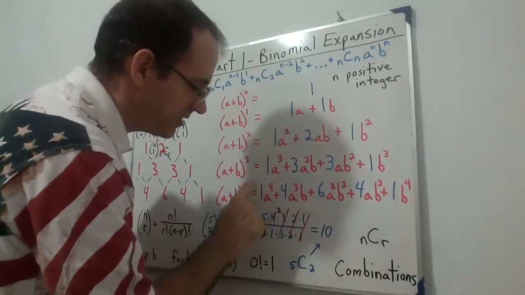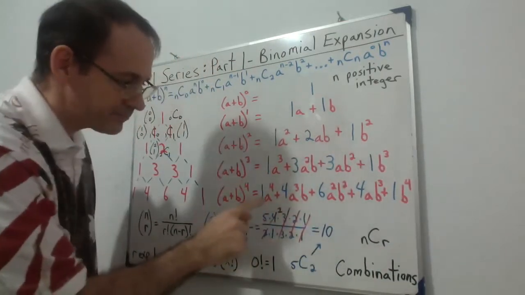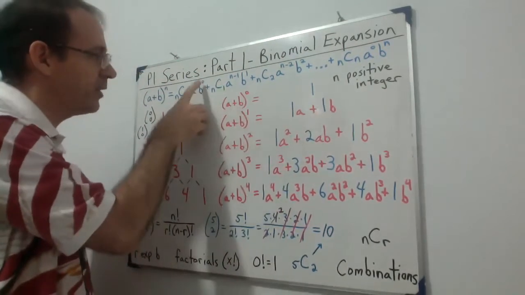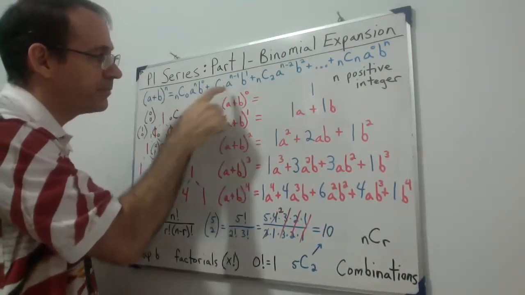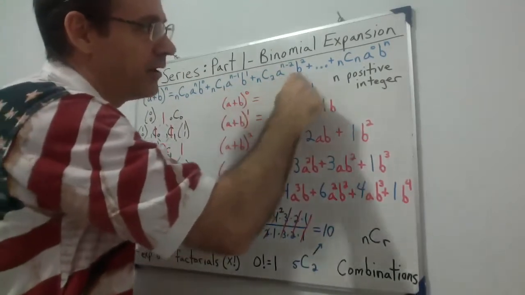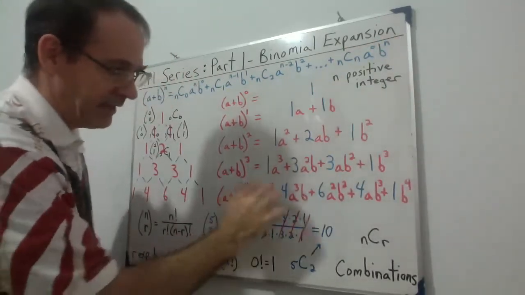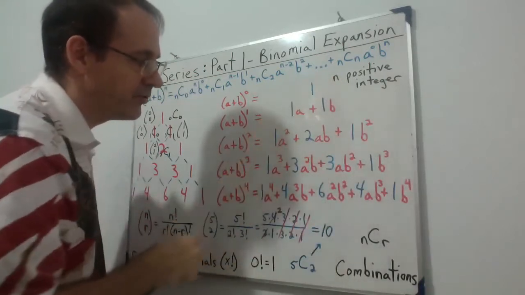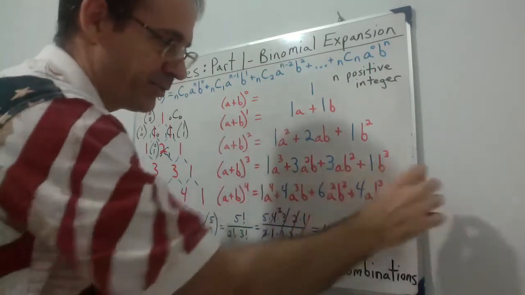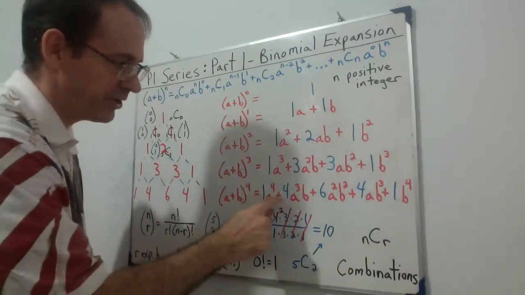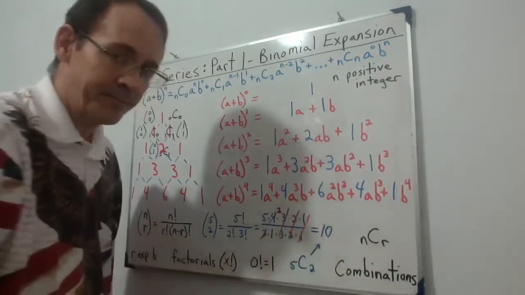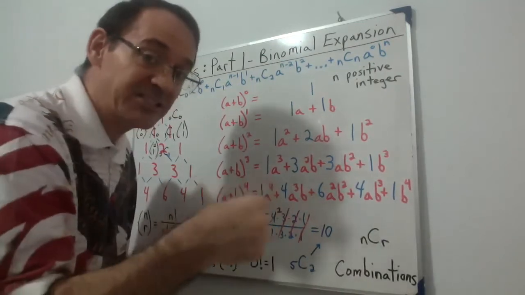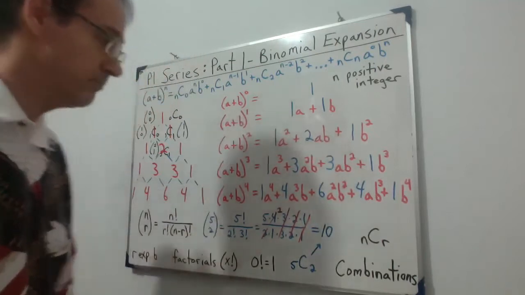The r is the exponent of your b. Remember, this is a b0. I did put it up here in the formula, b0, b1, b2, all the way to bn. In here, because it reduced out, I did not put the zeros or the ones. I just put the reduced part. So this would be b0, b1, b2, b3, b4. So make sure that you're paying attention to the exponent of your b term, okay?